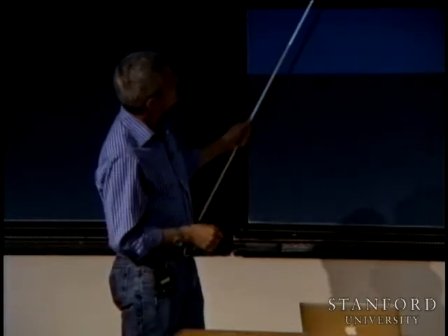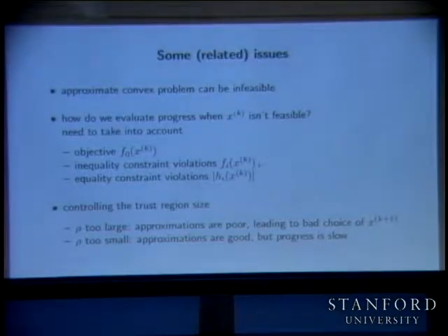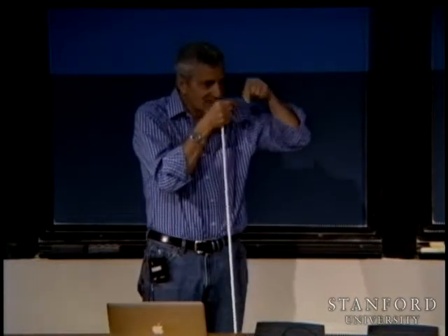Now, on the other hand, if the trust region is too small, several things happen. One is the approximations are good because you're basically taking little mouse steps in x. Your approximations are quite good. But the progress is slow. You're going to solve a lot of convex programs. And there's one other problem. This is a bit weird, but it's this. You're now more easily trapped in a local minimum because you're just going to basically slide downhill and arrive at one point.